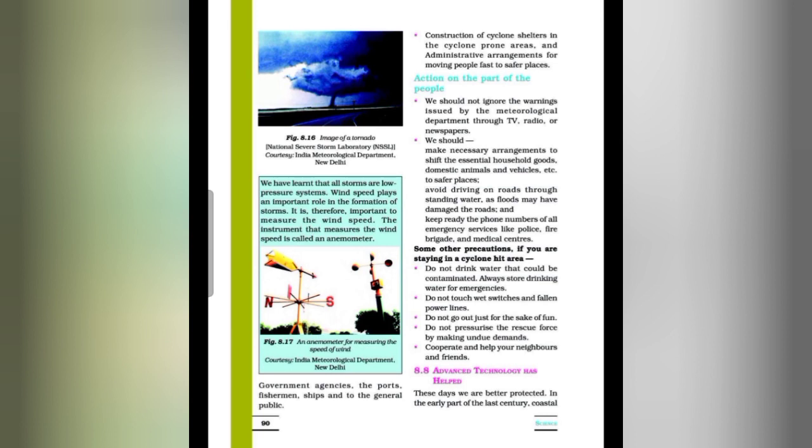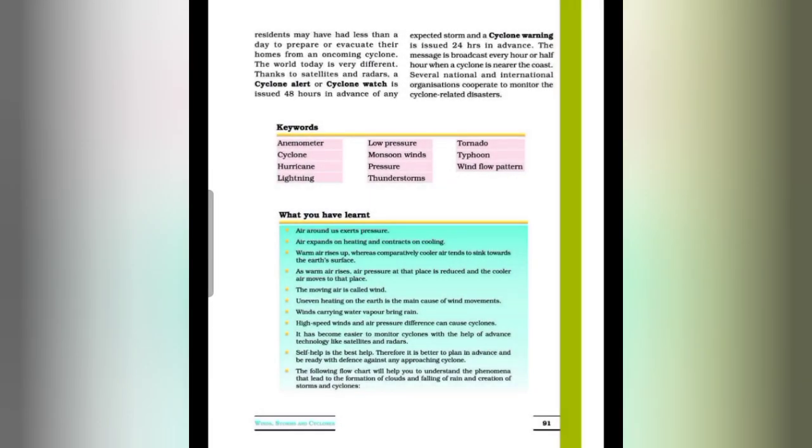Now advanced technology has helped. These days we are better protected than in the early part of the last century. Coastal residents may have had less than a day to prepare or evacuate their home from an oncoming cyclone. The world today is very different.